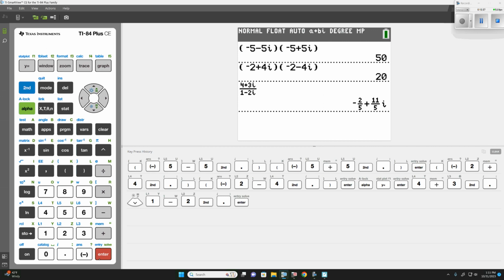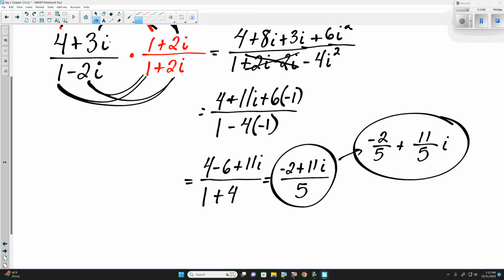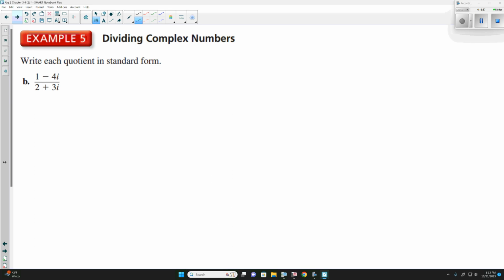Well, that is the answer we got, isn't it? Now, the difference is, this is a TI-84 Plus CE. It's one after the ones we have. But there is a way to type it in. It just takes a few more steps.